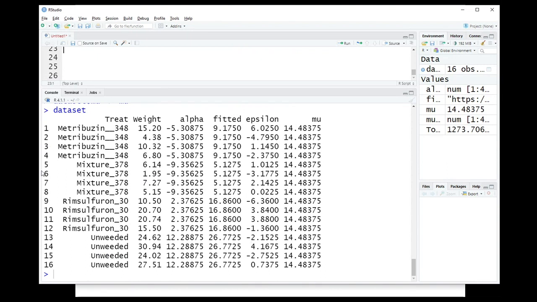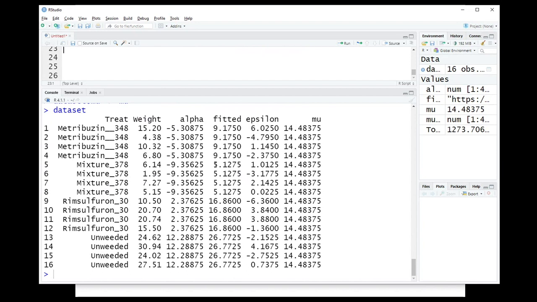So let's go back to the fifth observation. It was 6.14. The overall mean is 14.5. With respect to this overall mean, 14.5, there was a decrease equal to 9.35. This was due to the treatment. So what do we expect? This is the fitted value. What would we expect without any random error term?